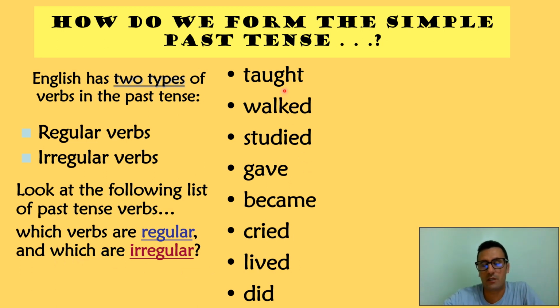Alors, taught vient du verbe to teach, walked vient du verbe to walk, studied vient du verbe to study, étudier, gave vient du verbe to give, donner, became vient du verbe to become, devenir, cried vient du verbe to cry, pleurer, lived vient du verbe habiter, séjourner, did vient du verbe to do.